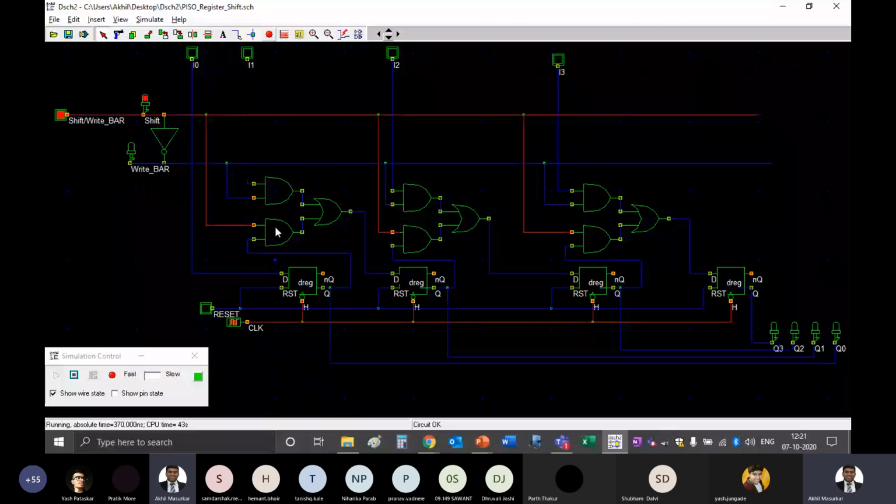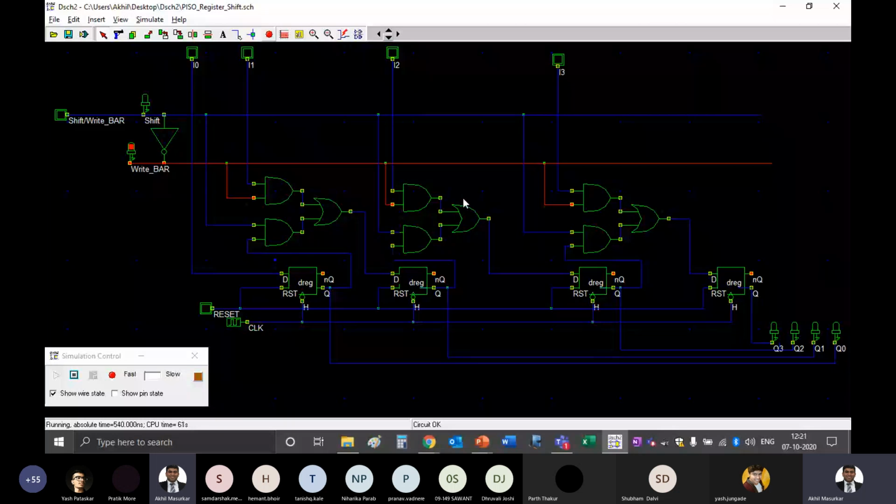You can see that the lower AND gates get enabled, and when this is zero, the upper AND gates will get enabled. Obviously, when one AND gate is enabled, the other AND gates will automatically get disabled. This is for the simple reason that when you are reading, you cannot write, and when you are writing, you cannot read.